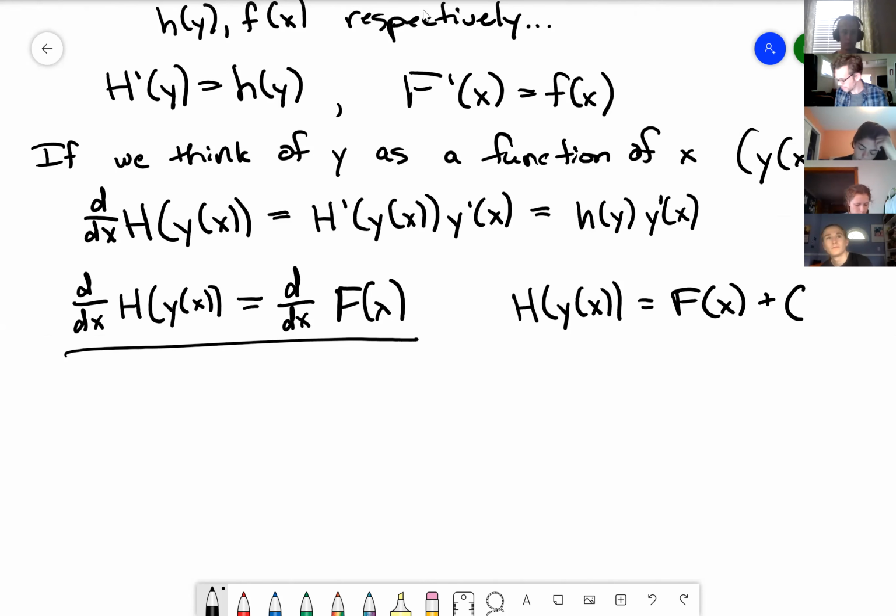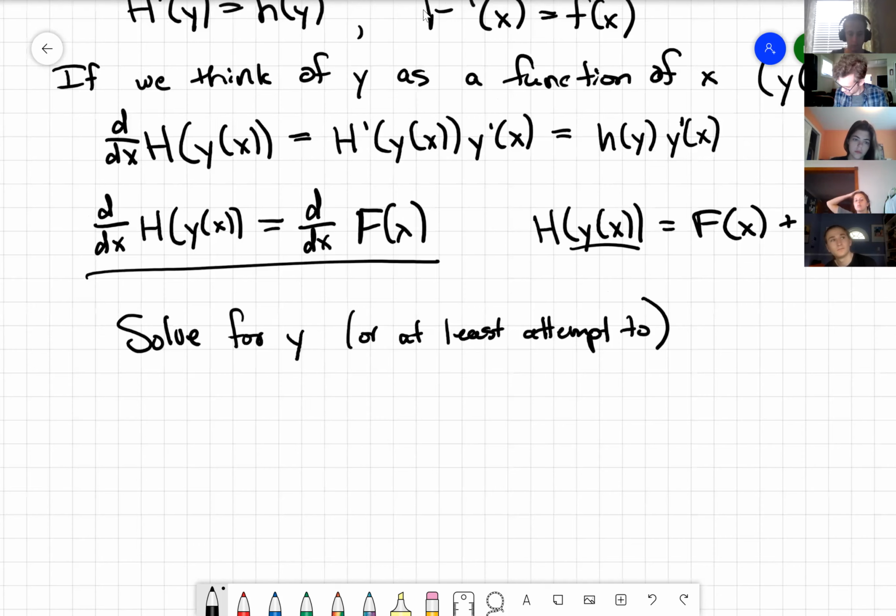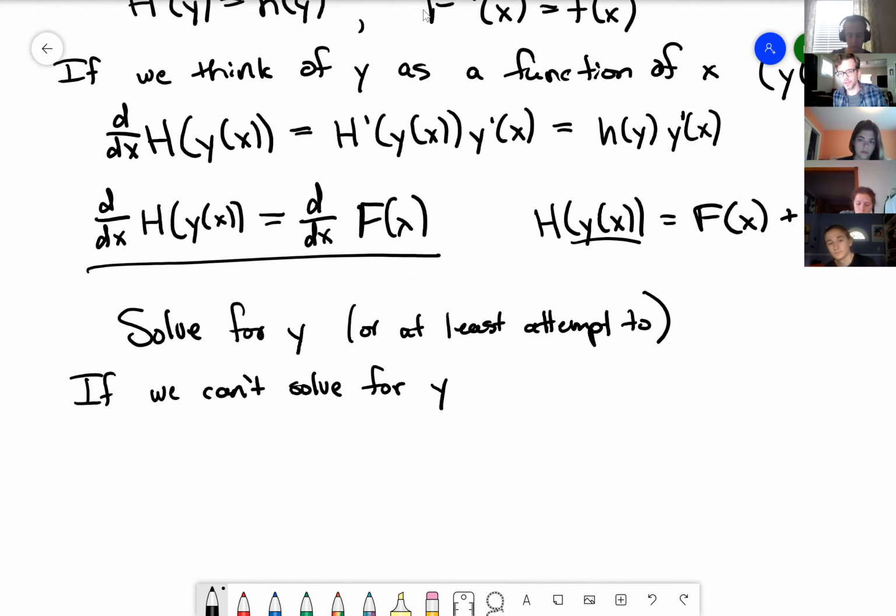What we will do is solve for y, or at least attempt to. And once again, if we can't solve for y, sometimes it's very difficult, sometimes it's just straight up impossible.